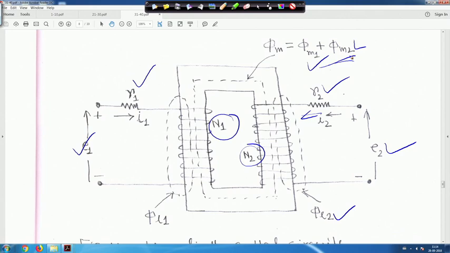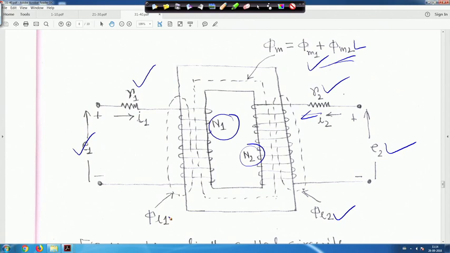For this I refer you to the fundamentals of electrical engineering, on magnetic circuits. N1 and N2 are the numbers of turns, and from that we will write the equations. For the right hand rule, if you grasp the coil in the direction of the current, the thumb will be the direction of the flux.